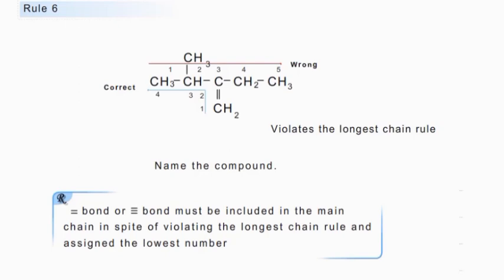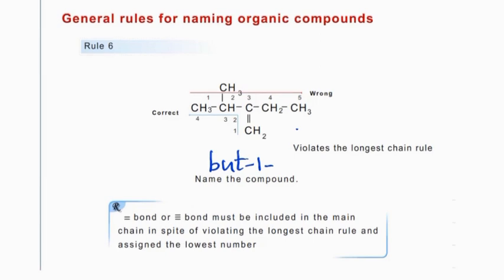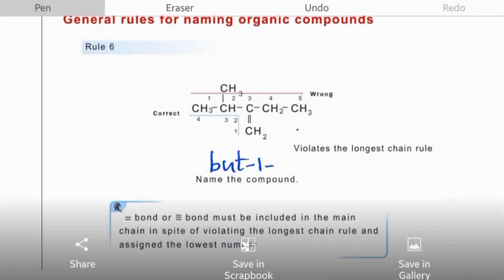That's why this is very important. When you select the longest continuous possible chain, you have to try all possibilities. If there is no option to include the double bond, functional group, everything, then at least the most prioritized functional group must be there as part of the main chain.